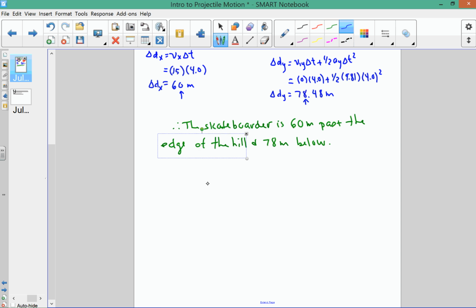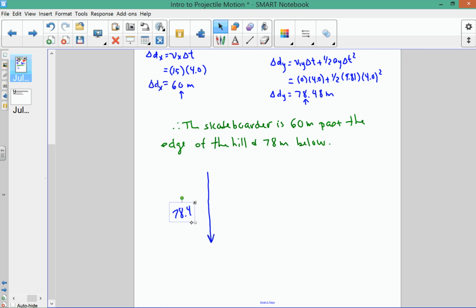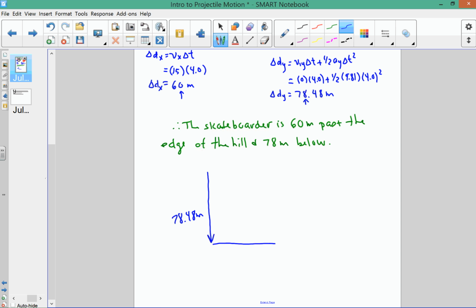We know that he's gone 78.48 meters down and 60 meters past horizontally. So that means his overall displacement will be this vector right here. And of course, if it's a vector, we need to describe its orientation as well, so that's theta.